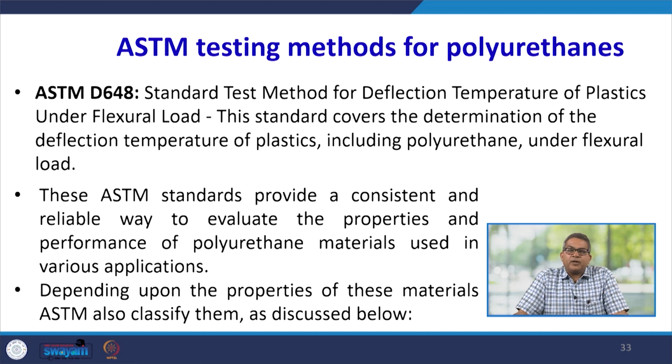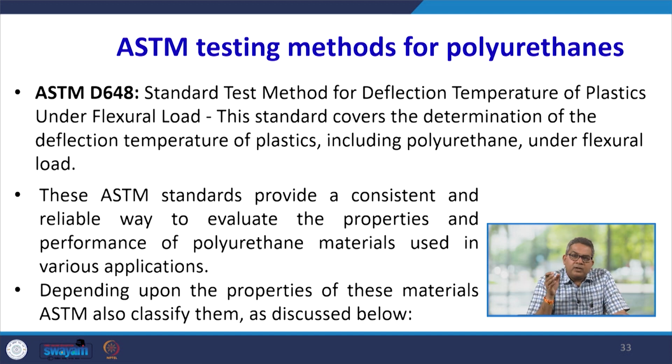This is the method for deflection temperature of plastic under flexural load. This standard covers the determination of the deflection temperature of plastic, including polyurethane under flexural load. So these ASTM standards provide a consistent and reliable way to evaluate the properties and performance of polyurethane material used in various applications.